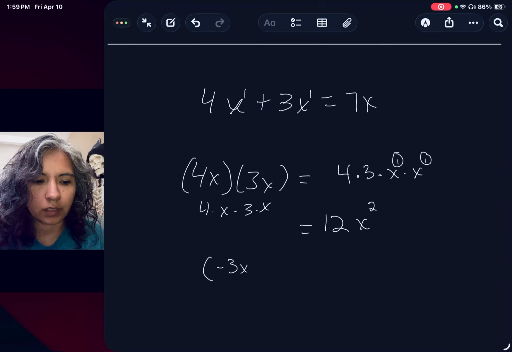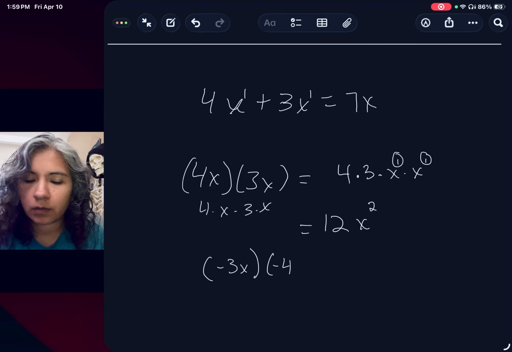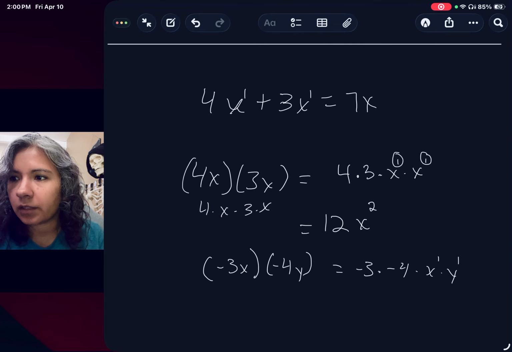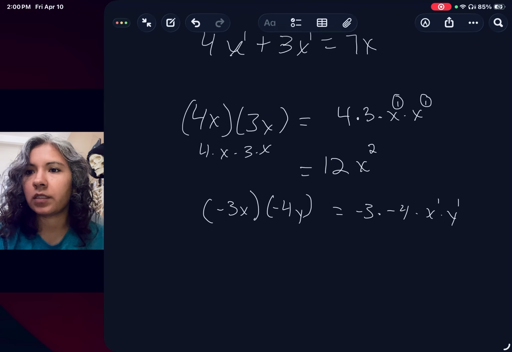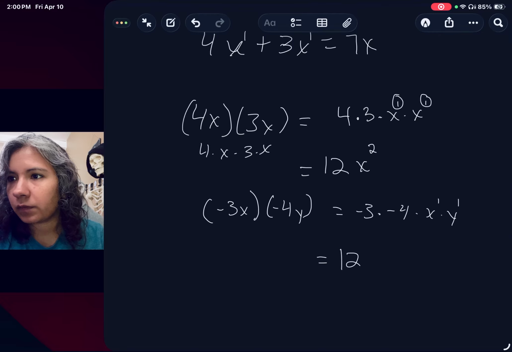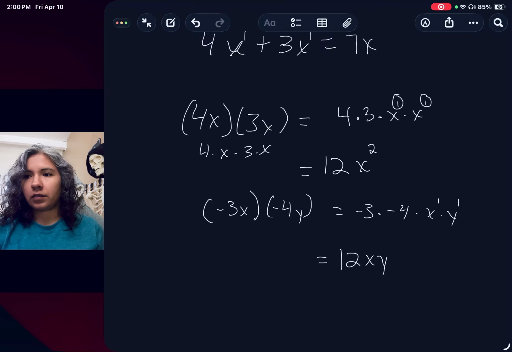Negative 3x times negative 4y. This is the same as doing negative 3 times negative 4 times x times y. I'm just writing out the ones there, but negative 3 times negative 4, those signs are the same, so it's positive. It's 12 times x times y, which is 12xy, right?